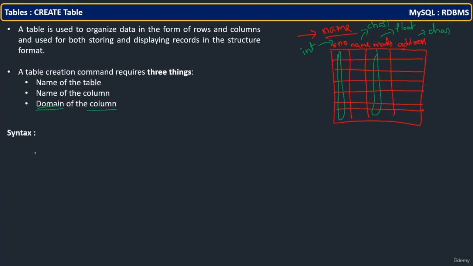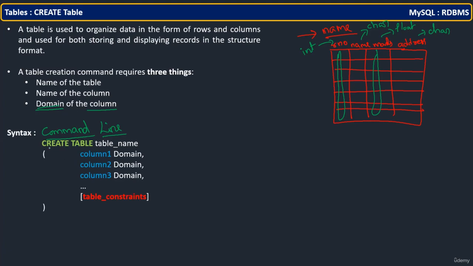Now if you see the syntax, this is especially the command line syntax, because you can also create tables using MySQL Workbench, but let us try to understand the command line. Creating with MySQL Workbench is very simple. Here you can see CREATE TABLE. This is the keyword you must use, and the table must have a name.